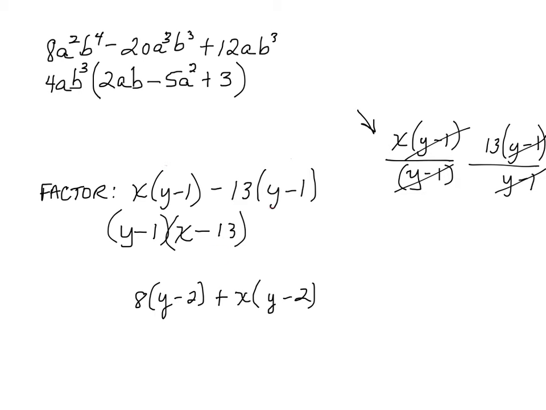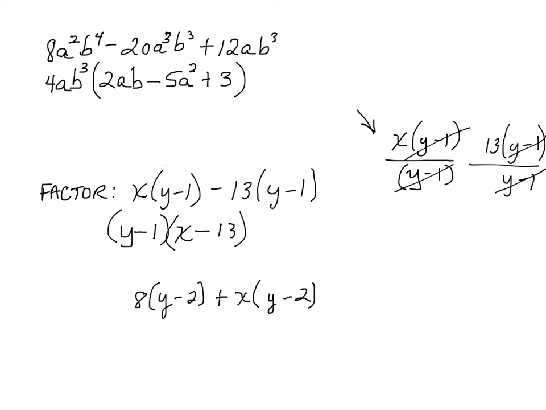So what we have is kind of an extended example of what we've been doing, but you have to be able to recognize that y minus 1 is a GCF. So, another example of the same thing, look at this next example here. 8 times y minus 2 plus x times y minus 2.